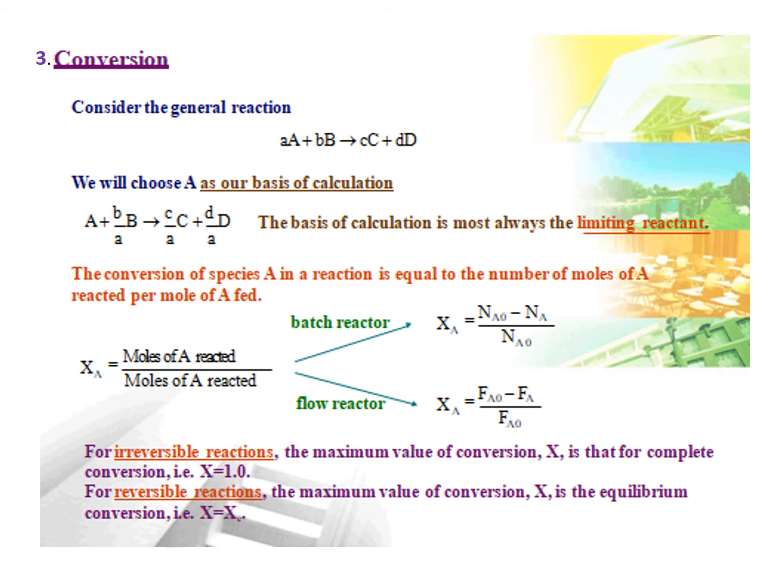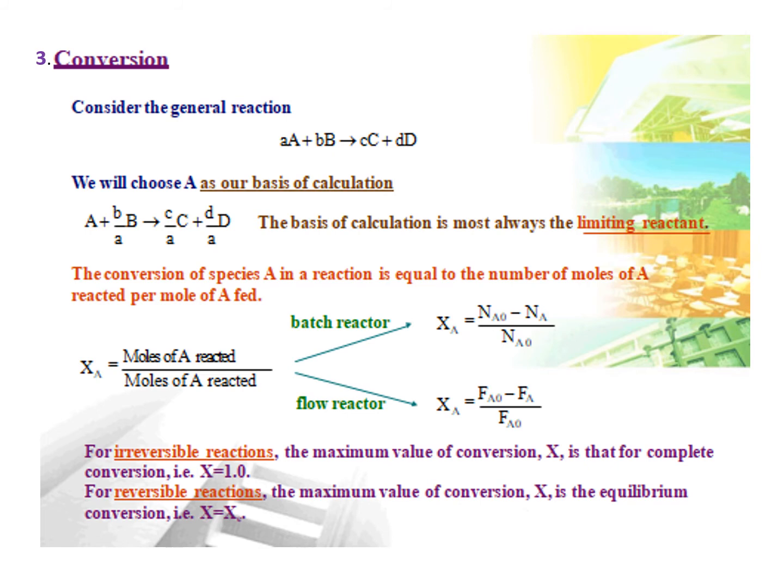With this formula, for a batch reactor XA is equal to (NA0 minus NA) upon NA0, and for a flow reactor, XA is equal to (FA0 minus FA) upon FA0, where FA0 is the initial flow rate of A.